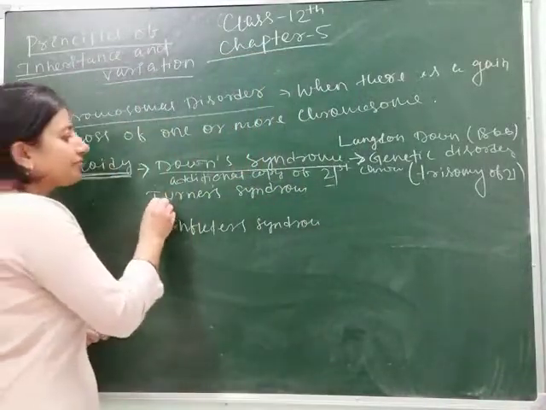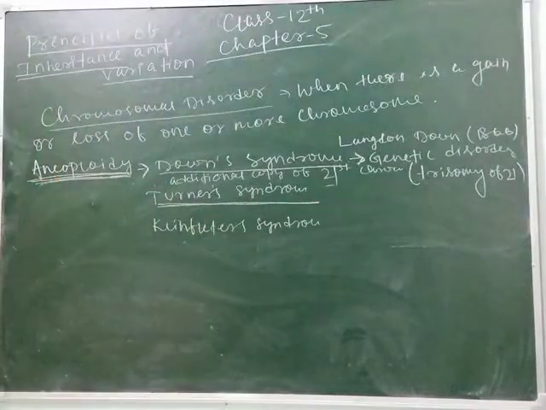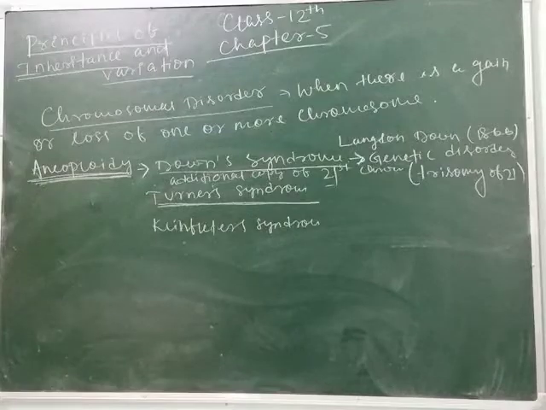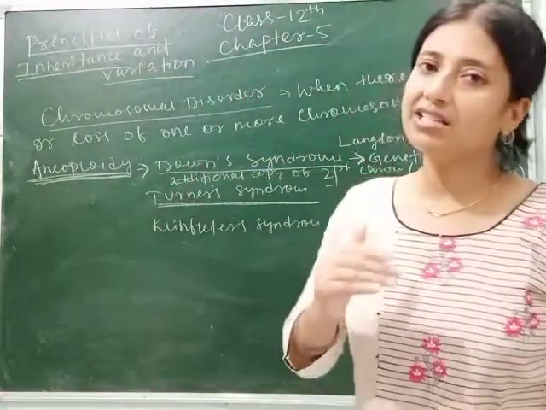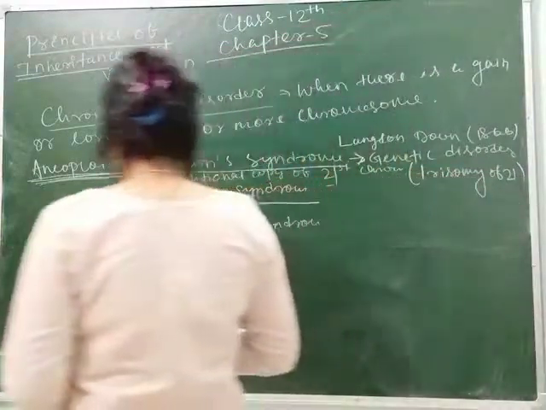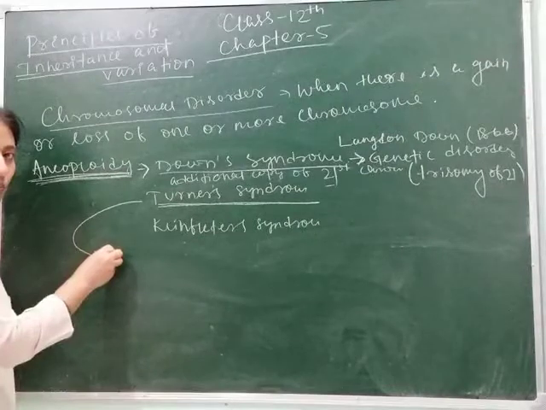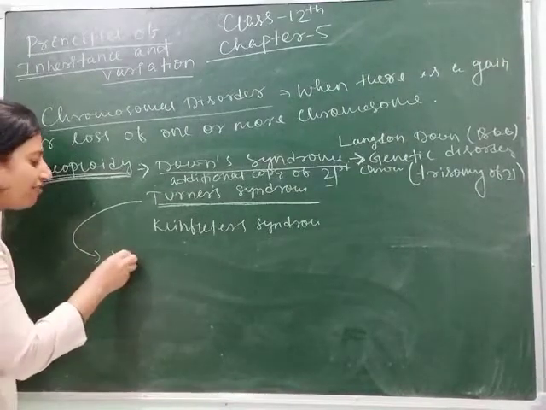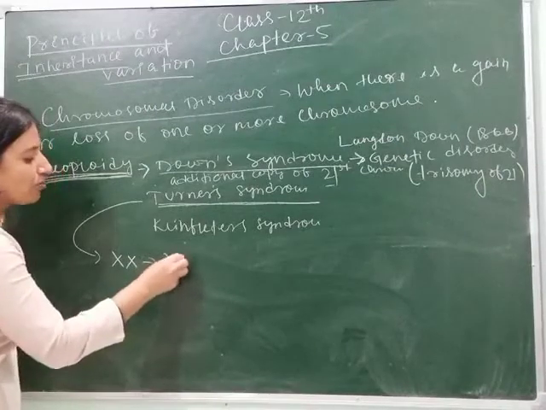Next we will study Turner syndrome. In Turner syndrome, this can be called monosomy. Why is it called monosomy? Because here one sex chromosome is decreased. So in Turner's syndrome the sex chromosome is affected, meaning instead of XX, only XO is seen.